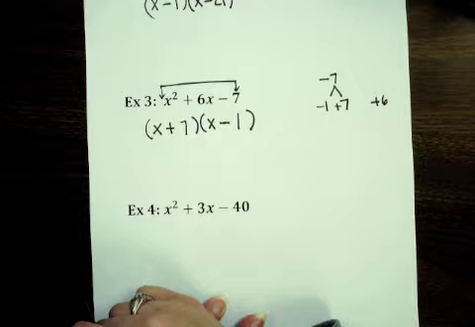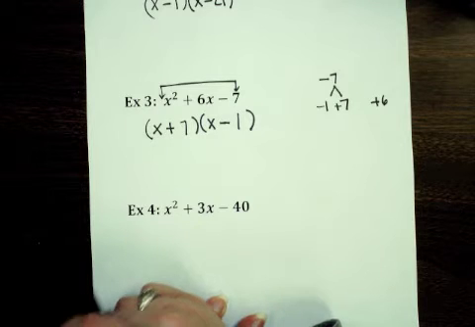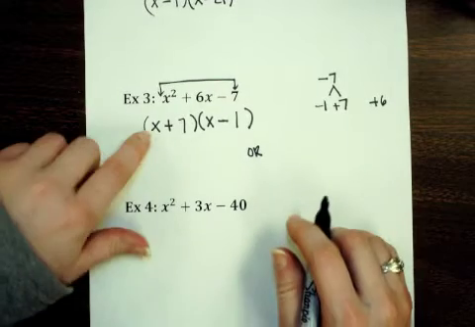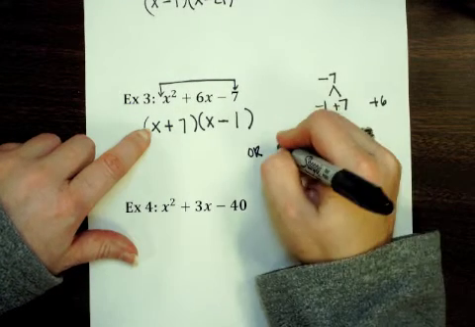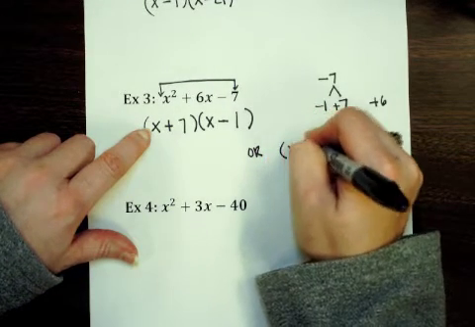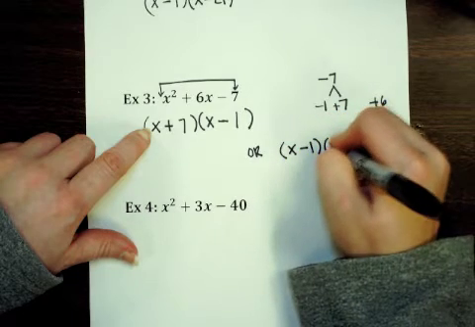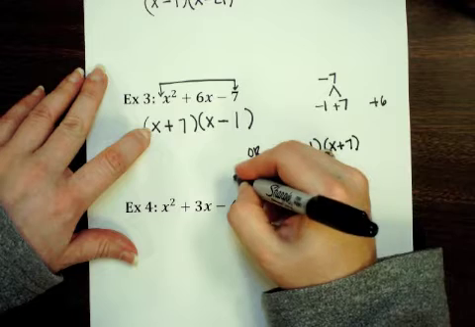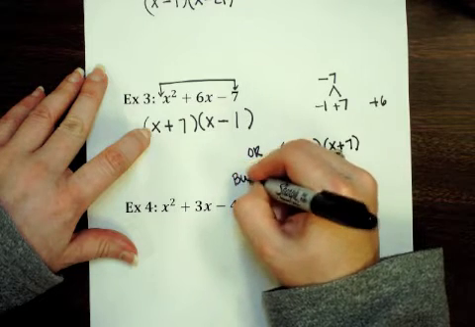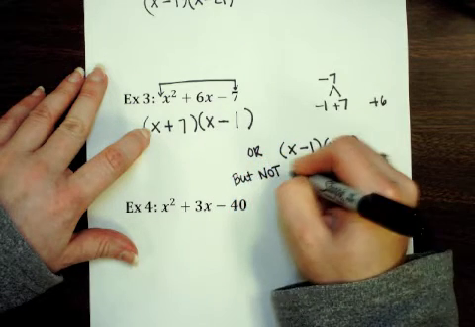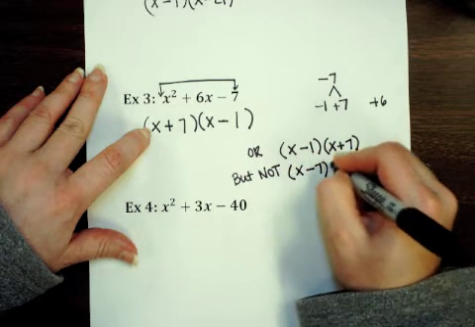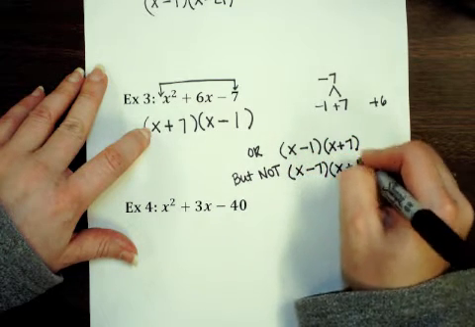Now, here's something very critical. Here is another option to write this same thing. You can write it as x minus 1 times x plus 7. What you cannot write is x minus 7, x plus 1.